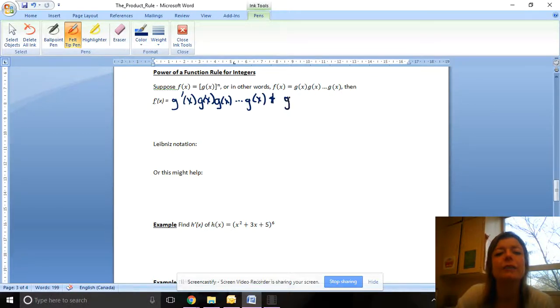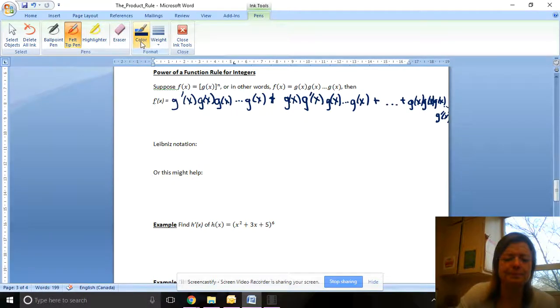Now you add. Now the first one stays normal. The second one gets differentiated. The third one stays normal all the way to the end. Okay? And you would keep doing this until you get to the last group where everyone's normal, until the last one is differentiated.